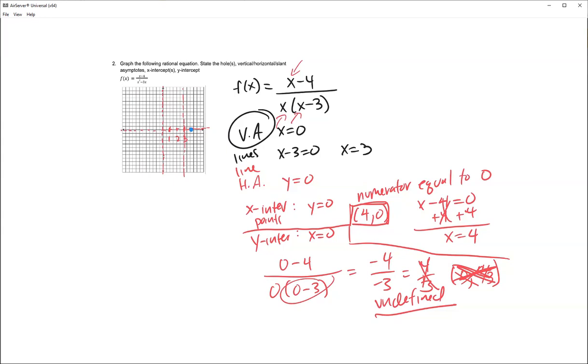That shouldn't be the case. Numerator equal to 0. Did I do everything right on the x-intercept? Yeah, you did. What's missing? What am I doing? Well, just look at that. It should be there. Let me check.